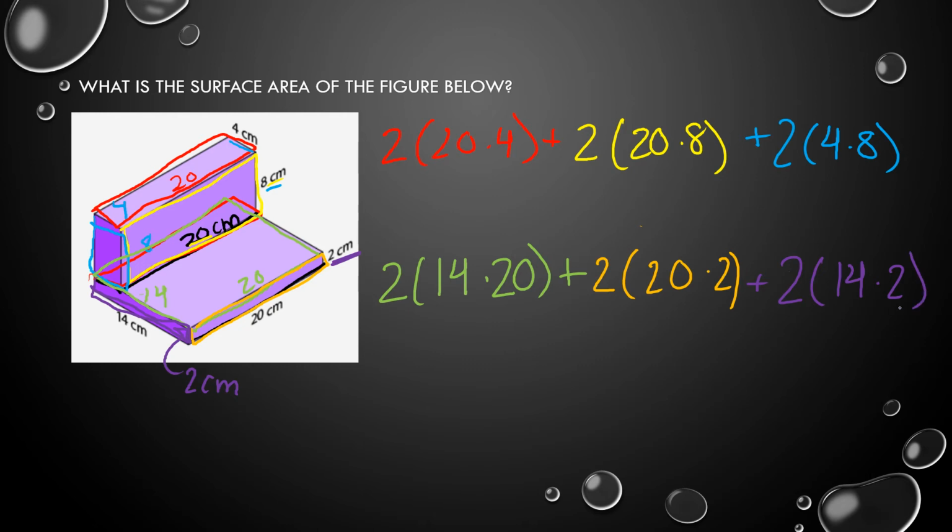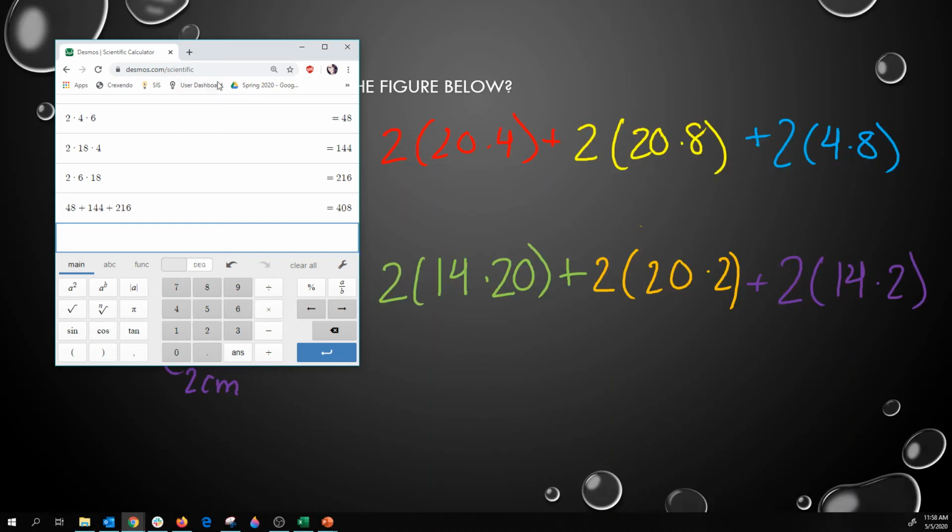So now we gotta multiply all of these and add them all together. So bring back that calculator. So 2 times 20 times 4 plus 2 times 20 times 8 plus 2 times 4 times 8 plus 2 times 14 times 20 plus 2 times 20 times 2 plus 2 times 14 times 2.